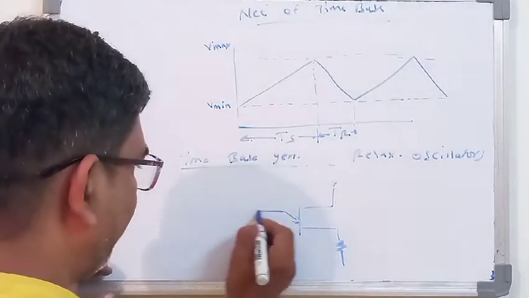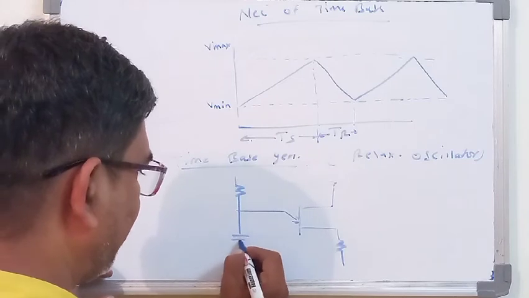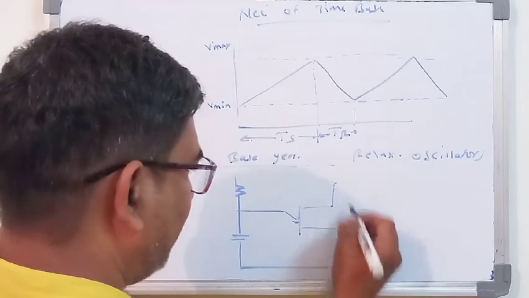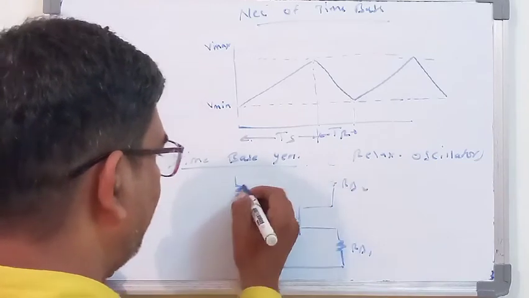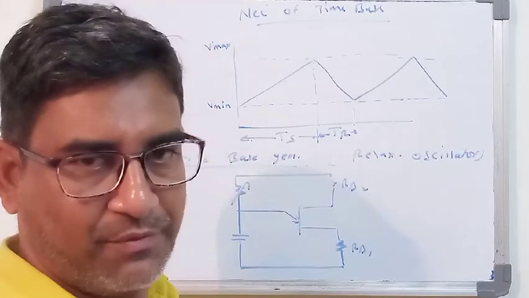The resistance and the capacitance are connected at the emitter. It is RB1, it is RB2, a variable resistance, and here we connect this value.